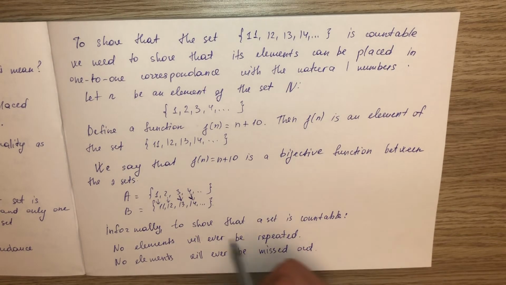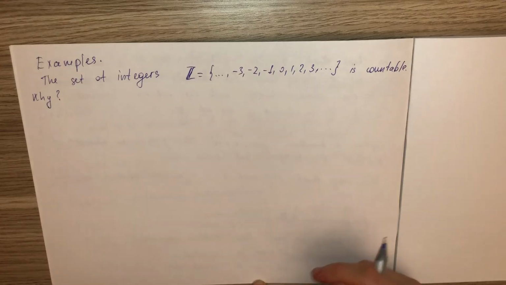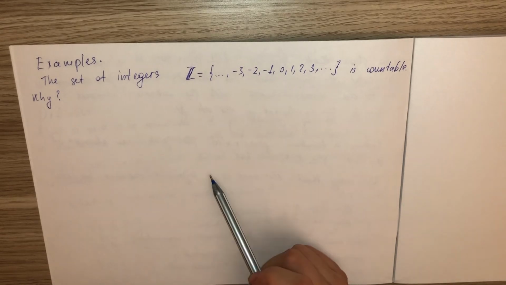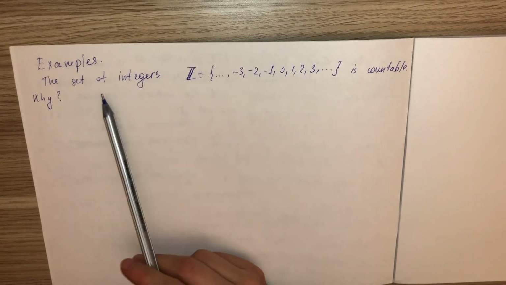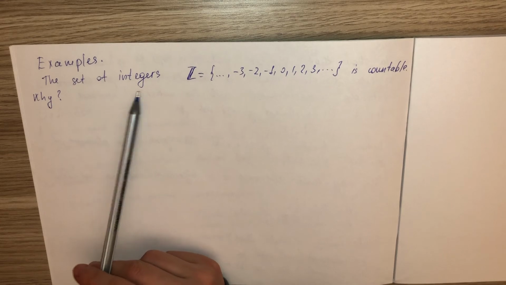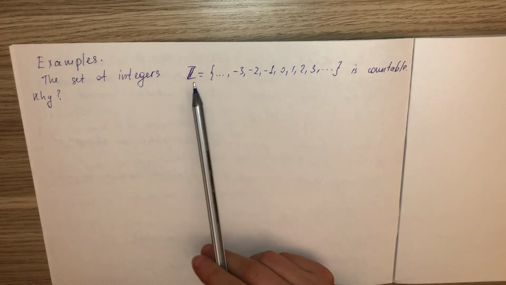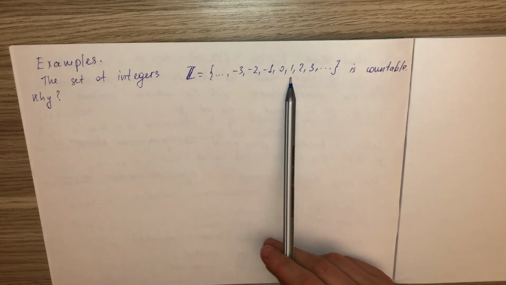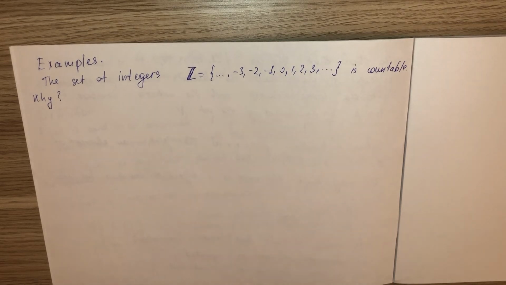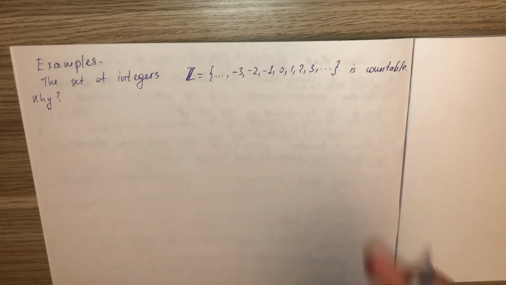If these two conditions are satisfied, we can say that our set is countable. So let's answer some questions. For example, suppose the set of integers. We claim that the set of integers is countable, and let's show why.